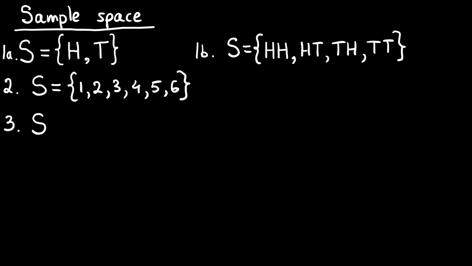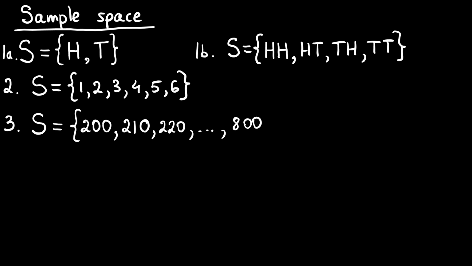If we were observing the SAT math score of a randomly selected student, the sample space for that experiment consists of the set, which starts with 200 because that's the lowest possible score. SAT scores increase in increments of 10, and they go all the way to 800. So 800 is the largest possible score. Okay, so that's the sample space for that experiment.